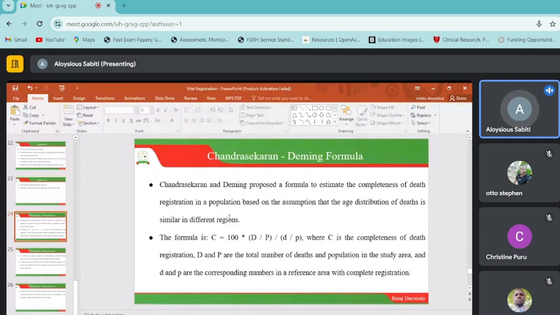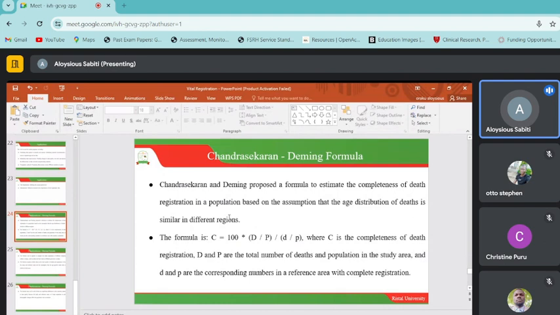And so you say that completeness of death information equals 100 multiplied by the number of deaths in that particular population, divided by the total number of people in that particular area, and then you divide it by the corresponding numbers in the reference area with completed registration.